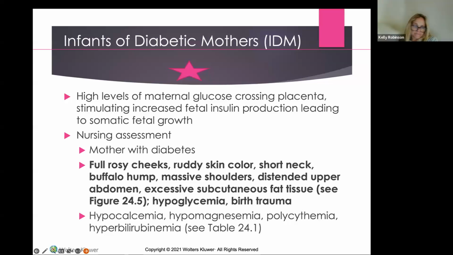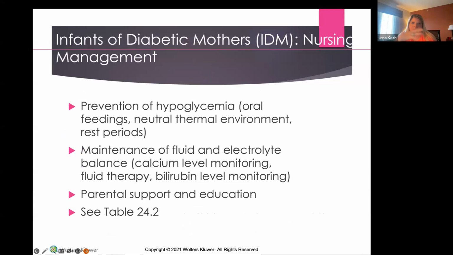The infant could have hypocalcemia, hypomagnesemia, polycythemia, and hyperbilirubinemia. Once you see one newborn of a poorly controlled diabetic mother, they all look the same. It's a very distinct characteristic assessment. You can almost pinpoint it right away.